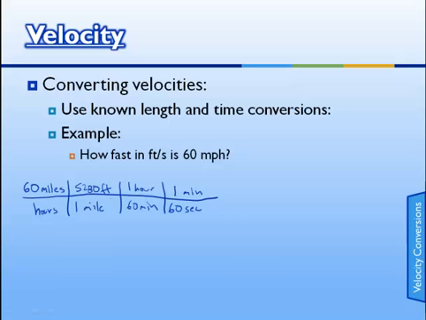And we've got miles canceling out with miles, hours with hours, minutes with minutes, and the only units left are feet and seconds, which is what we were asked to find, feet per second.